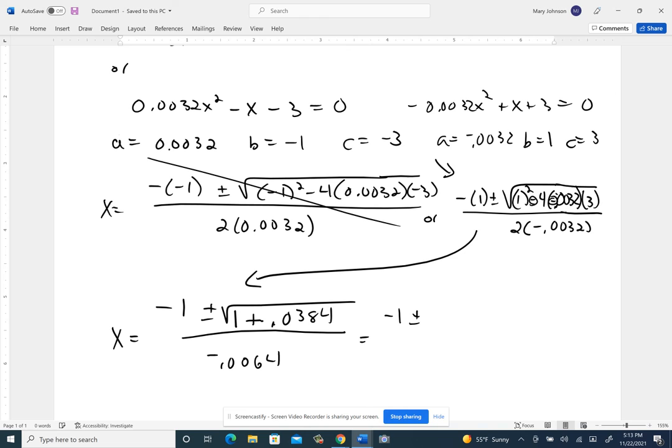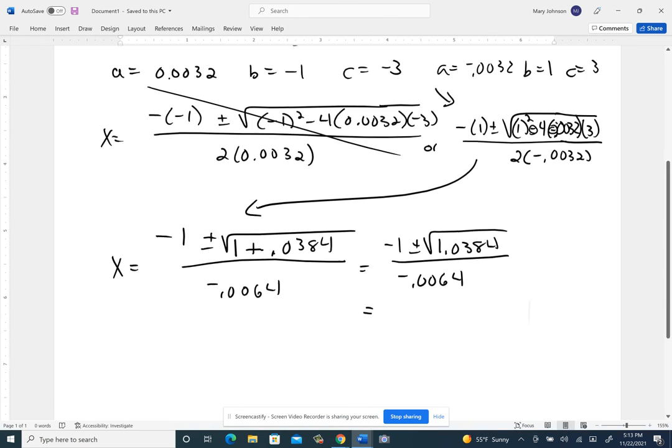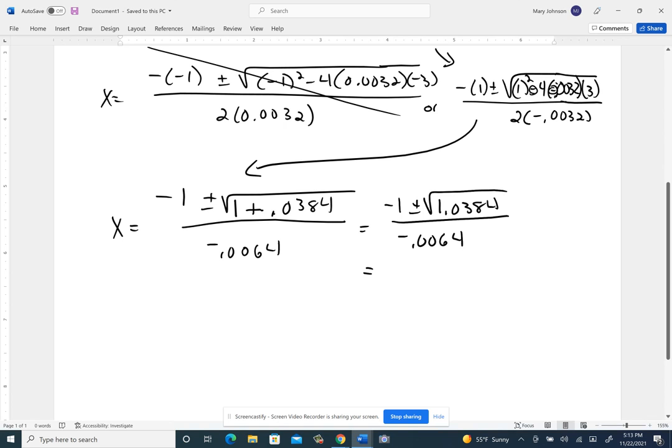Okay, so that means under the radical we have 1.0384, all of that over -0.0064. So the square root of 1.0384 turns out to be 1.01902. And I'm going to just round because I know at the end it's okay to round on these.